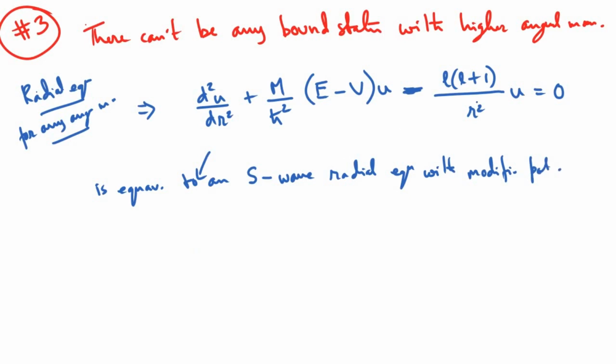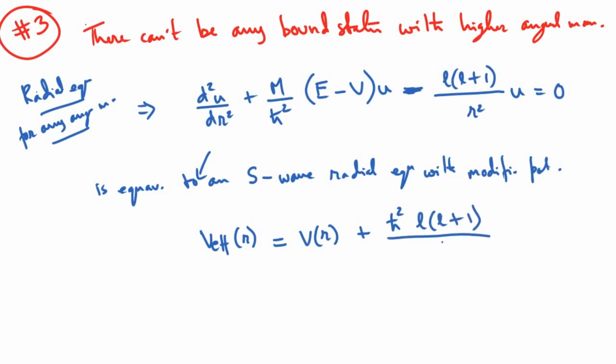You see this. So the potential is, let me write like this, V effective of r equals V of r plus h cross squared L into L plus 1 divided by 2m r squared. Now you see there are 2 terms. First term, this was already present. This is the new term.